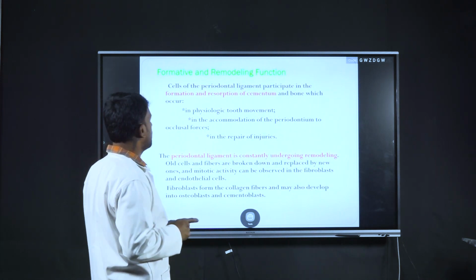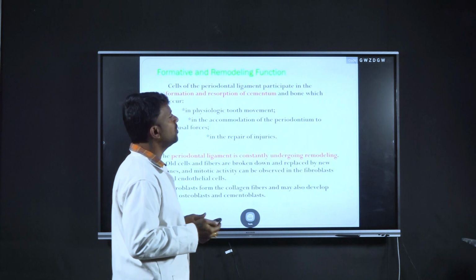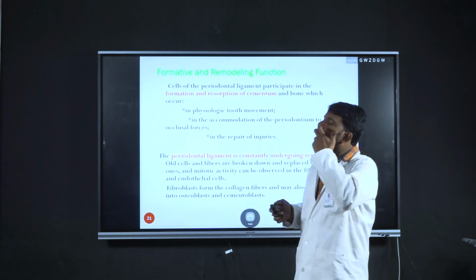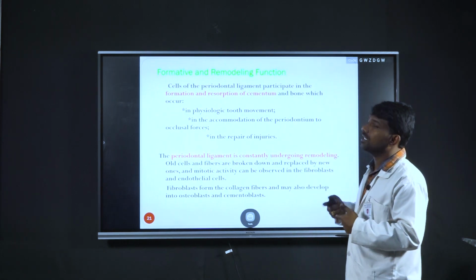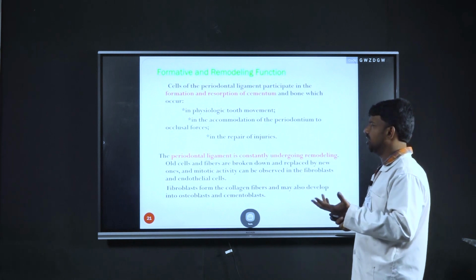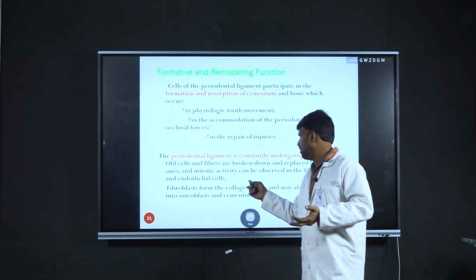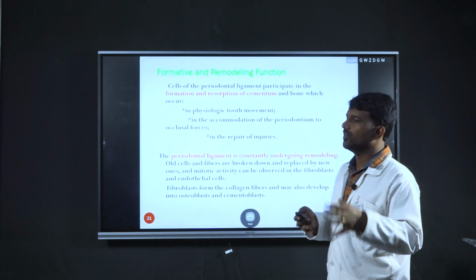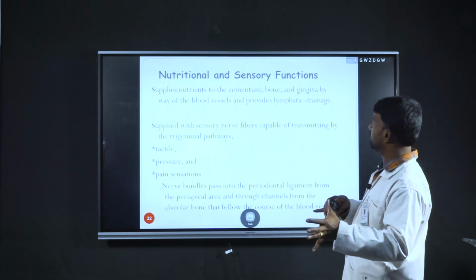Fibroblasts form the collagen fibers and may also develop into osteoblasts and cementoblasts. As I said earlier, these are differentiated based on the cell rests of Malassez. So based on the function, they differentiate into either osteoblasts or cementoblasts, for the formation of Sharpey's fibers or the investing fibers inside the periodontal ligament.